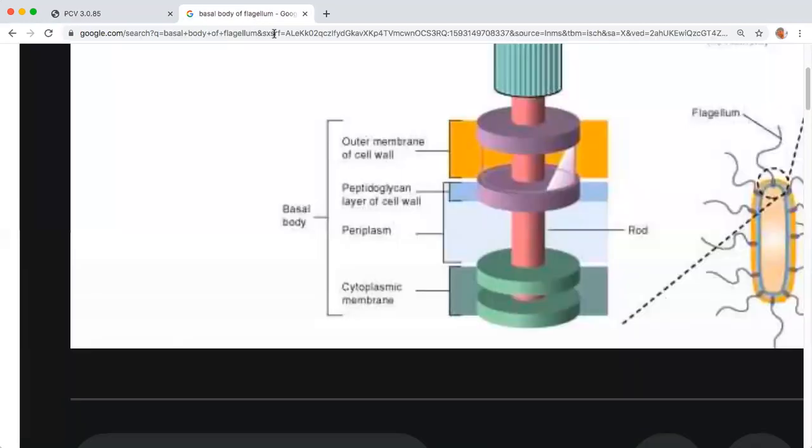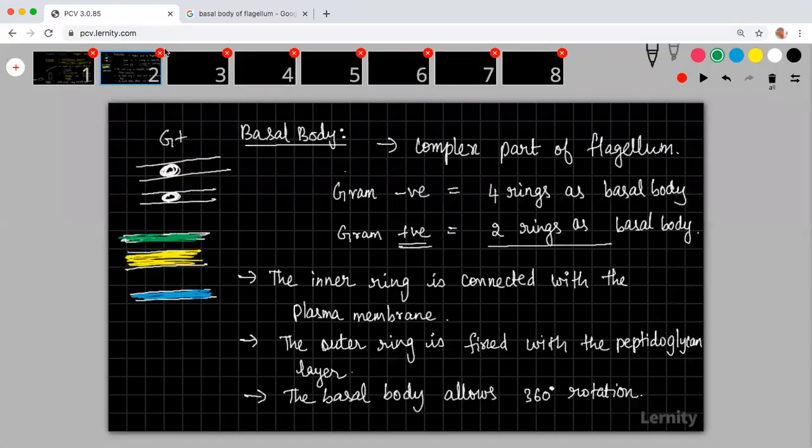Okay, so if you are seeing here, you are able to see four rings and how it is attached. This is a gram negative case. The inner ring is connected with what? The plasma membrane.